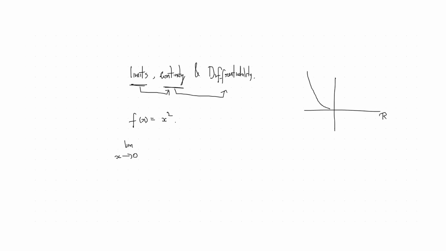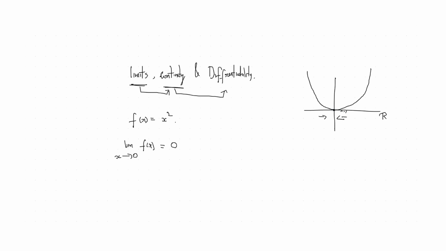I want to check what happens to my curve at x equal to 0. I'm not checking exactly at x equal to 0. I'm just curious what happens to f of x if I approach the point 0. So here, the limit of f of x, obviously we know, goes to 0, whether from the left hand side or the right hand side. Maybe this is easy.